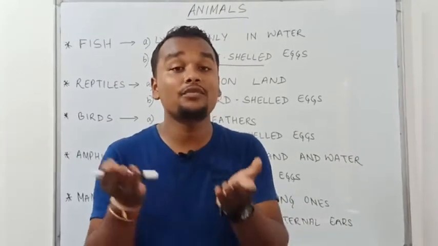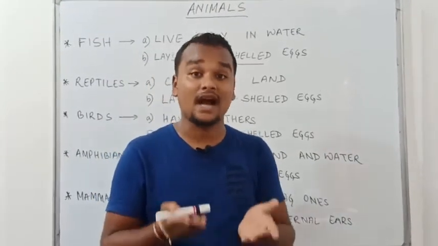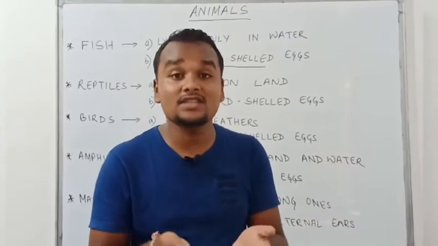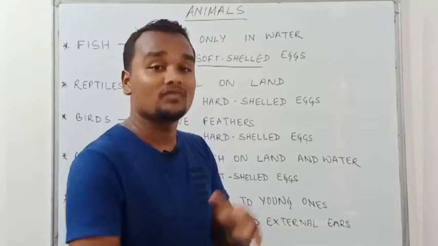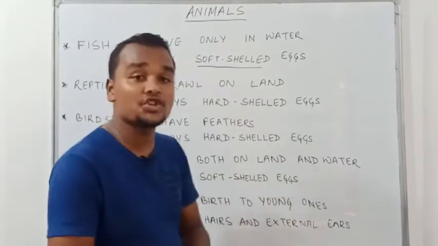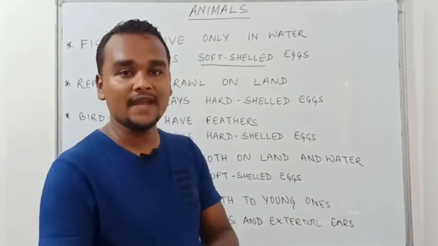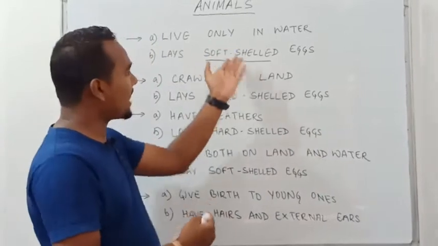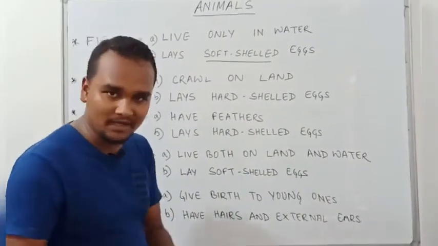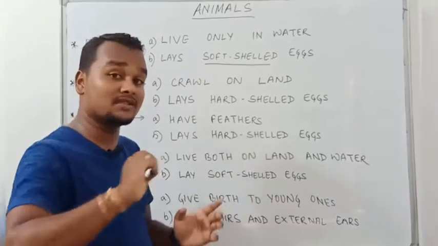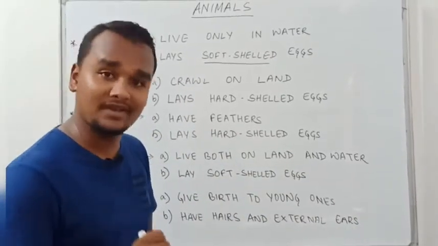Because they will be able to float in water. If the shells are hard, then those eggs won't be able to float in water. Because of that reason only, the eggs of the fishes are soft-shelled. Okay? So part by part, while I will be explaining all the characteristics of the organism, it would be better if you just see the video and you just write it down in your copy. It will be very helpful.